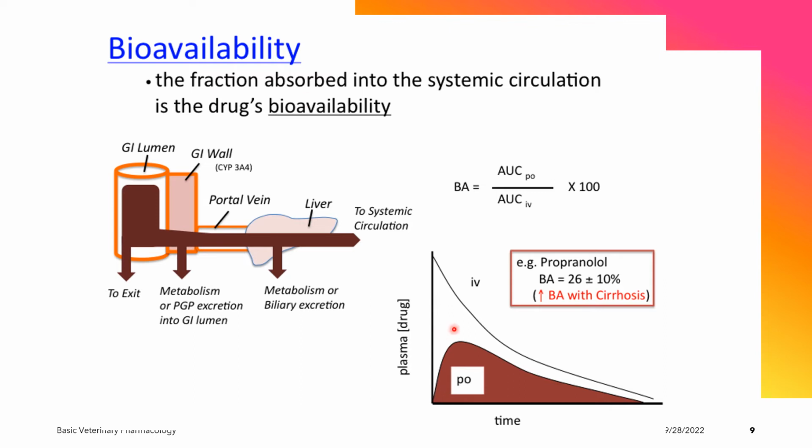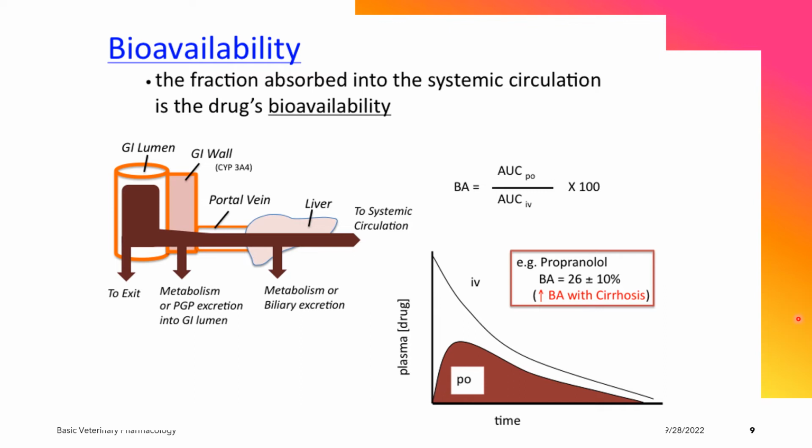Experimentally, this can be measured by comparing the area under curve, or the AUC, shown in this formula. This includes the serial measurement of the plasma concentration of the drug made following the oral administration, and it will be compared to the intravenous injection, which by definition produces 100% bioavailability.